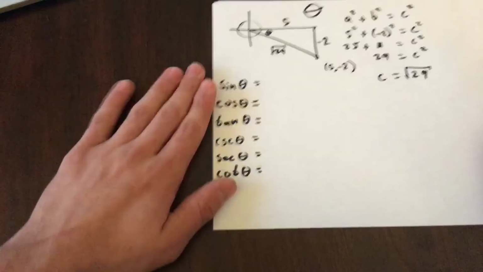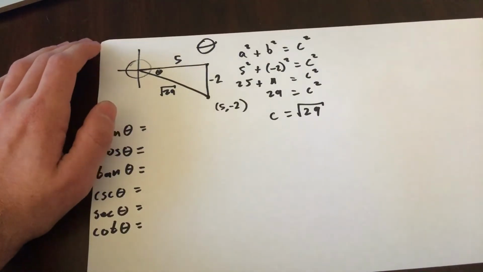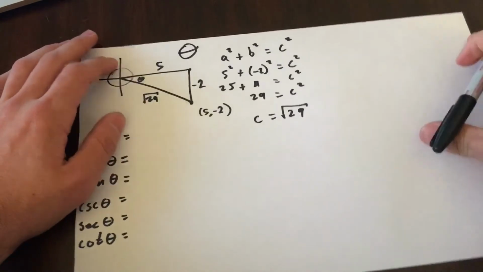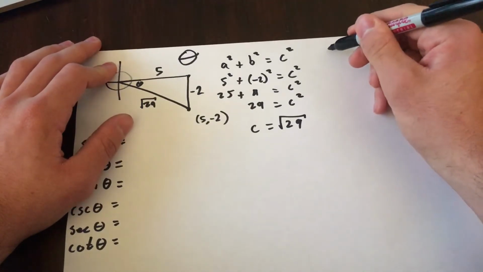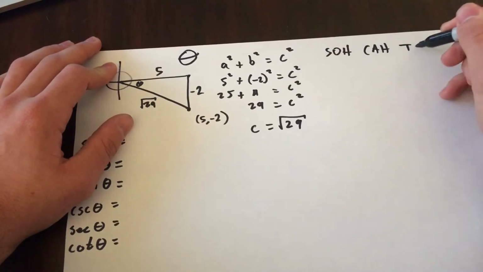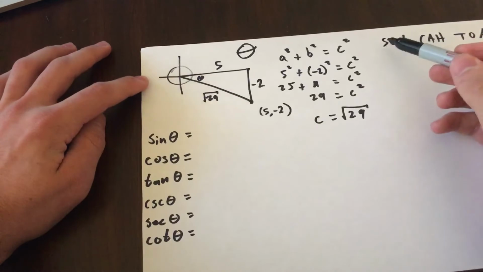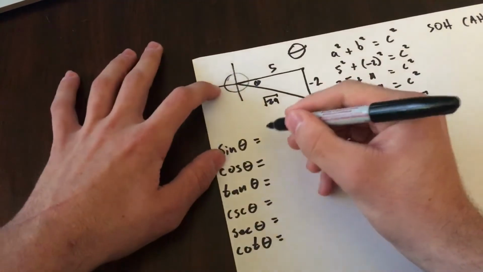All right, so to find all these, just keep in mind the structure of the different trig functions. So basically SOHCAHTOA, if you remember that. Basically what this means, sine is opposite over hypotenuse.